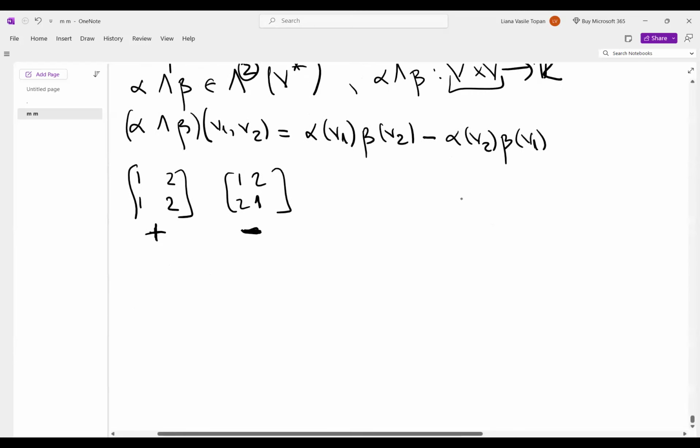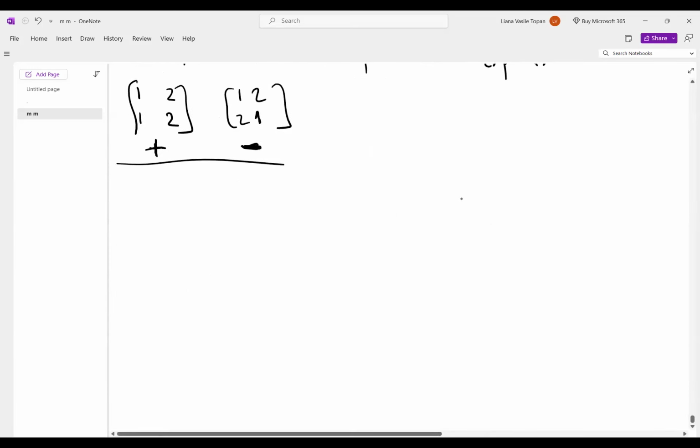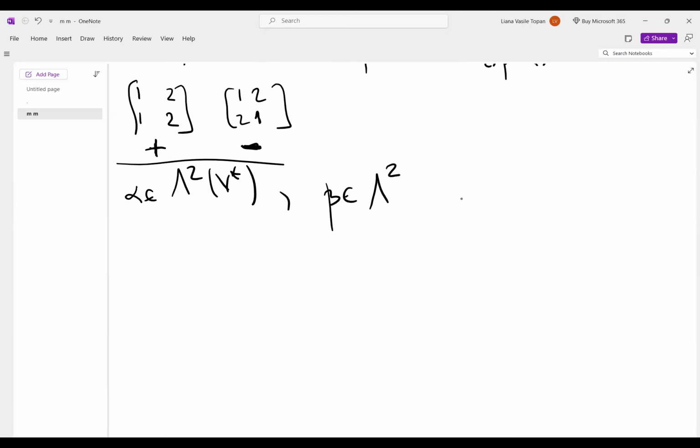So it's something like that. Now, what will be, for instance, say you have alpha, a 2-alternating form. Let's get an example a little bit more expanded, and beta, again, a 2-alternating form. So let's see what is alpha wedge beta. First of all, this will lie here, 2 plus 2, that's 4.